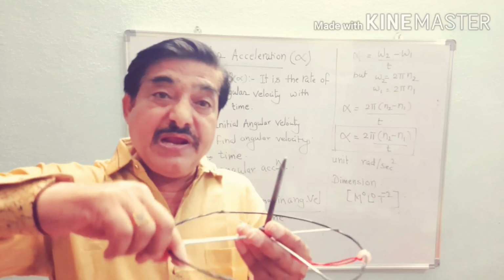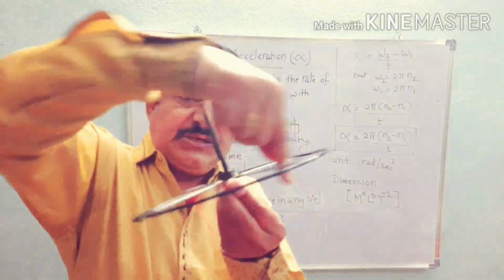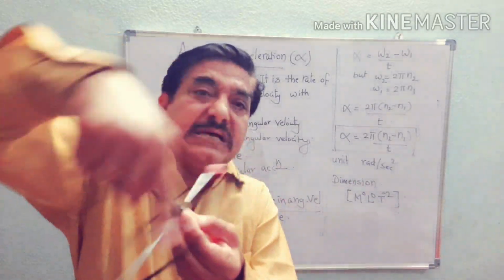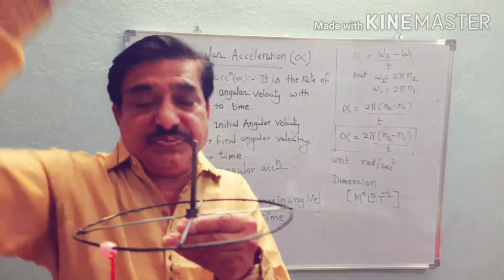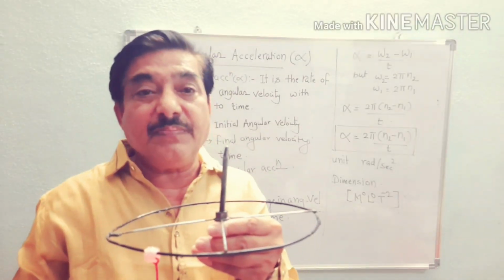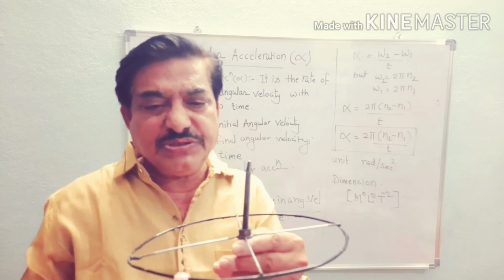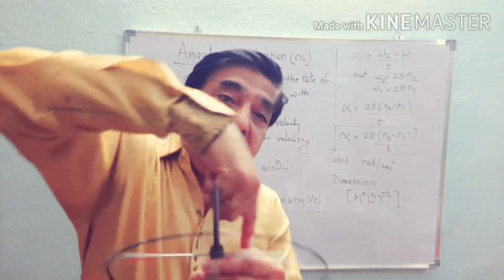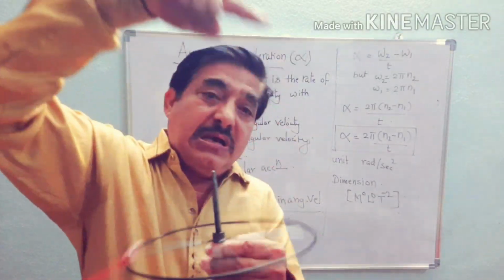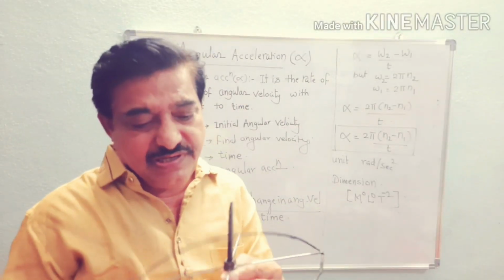If the speed of revolution increases, then alpha is taken as positive and it is taken in an upward direction.